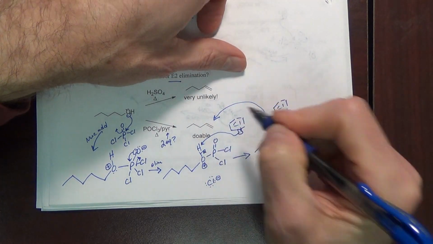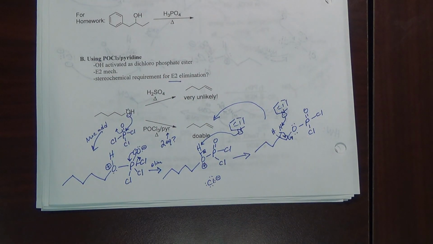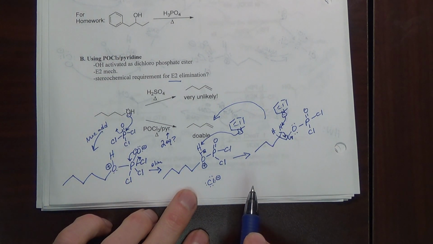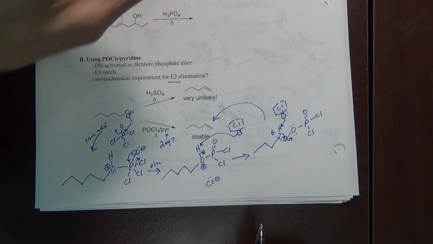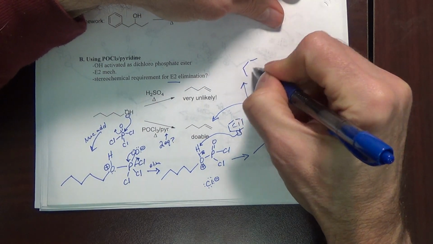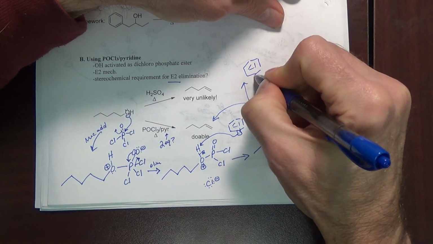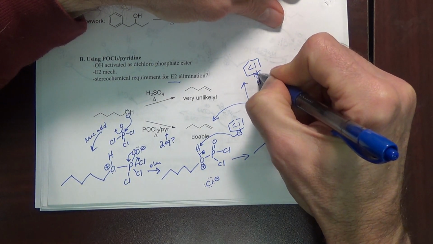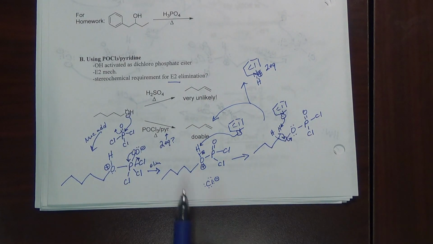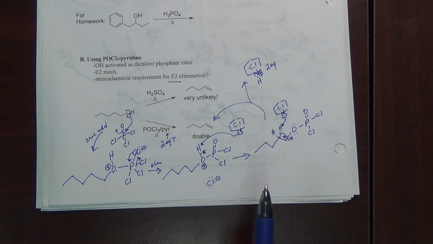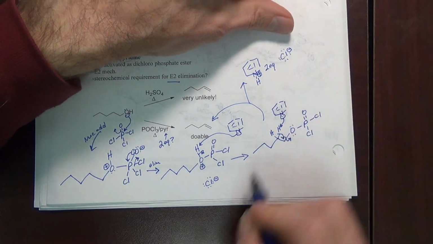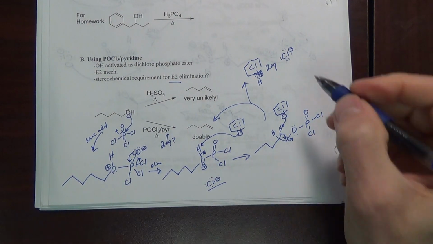And that gives us our alkene here. Now in this reaction we produced two of those, one right here and then another here. We've got a Cl minus, which is it here, I just redrew it.